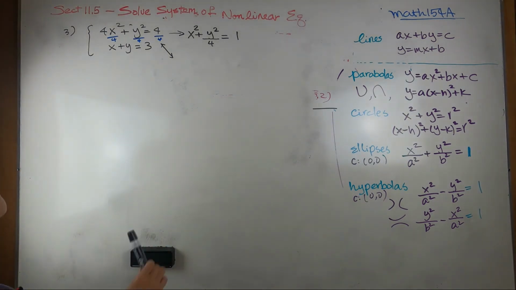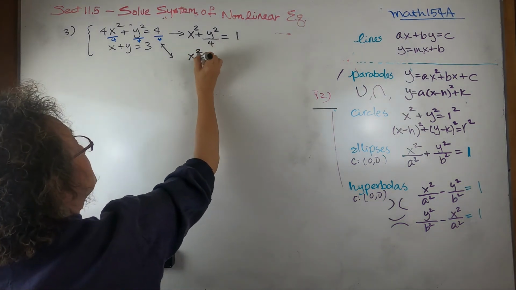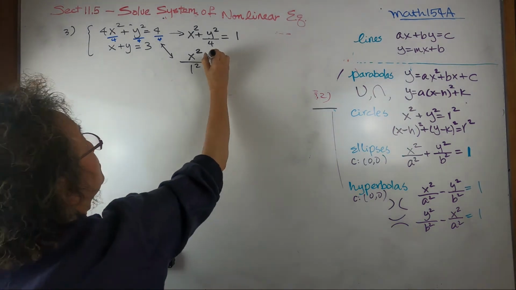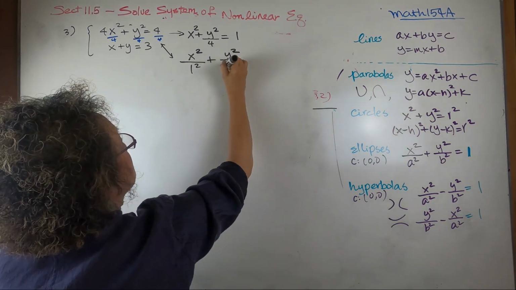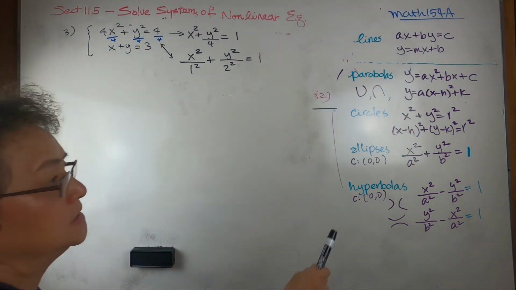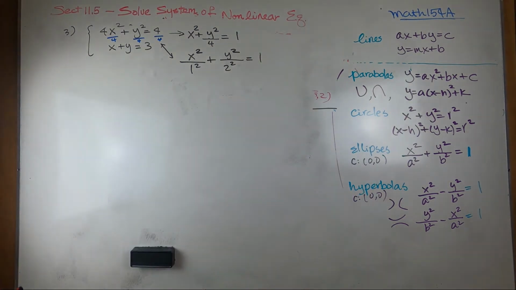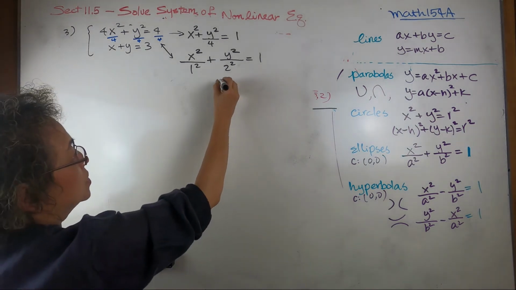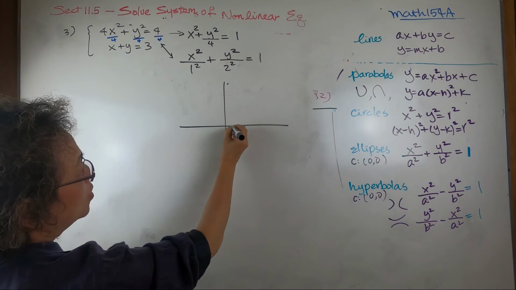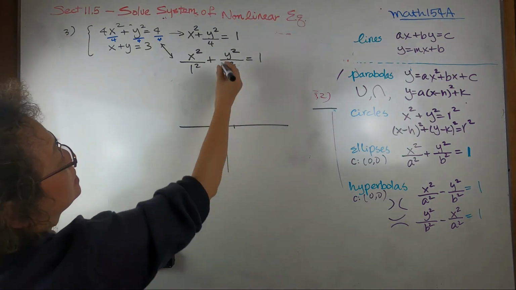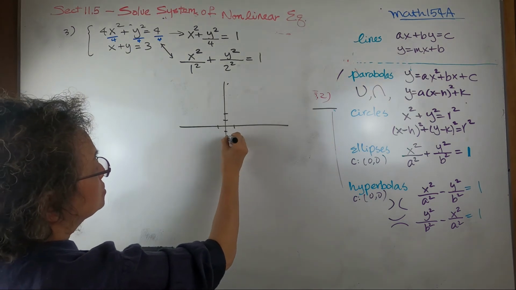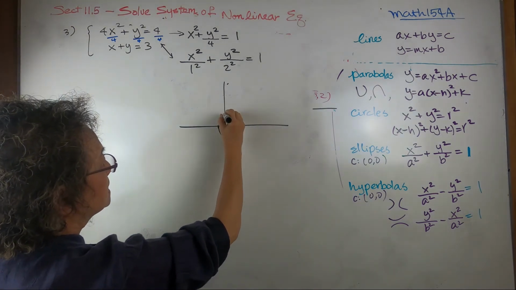Right? So we write it this way, x squared over 1 squared, plus y squared over 2 squared equals 1. So we write it in standard form, we can see it. So when we graph it, what do we have? A is 1, B is 2. So your ellipse will look like this.